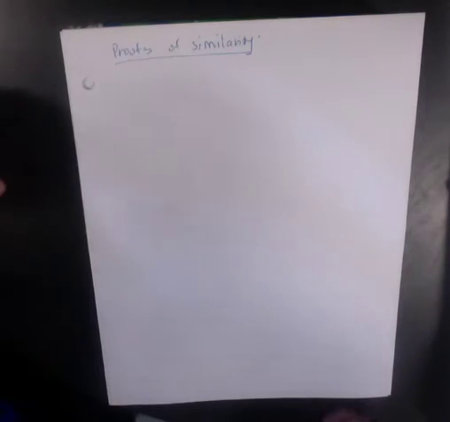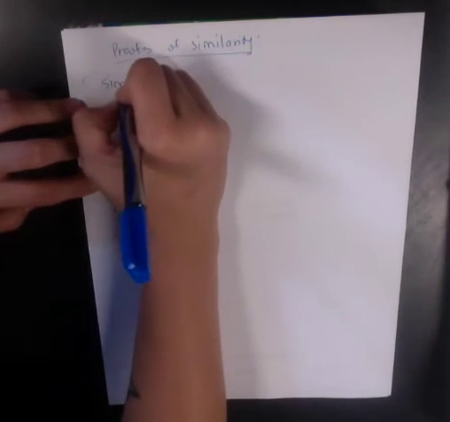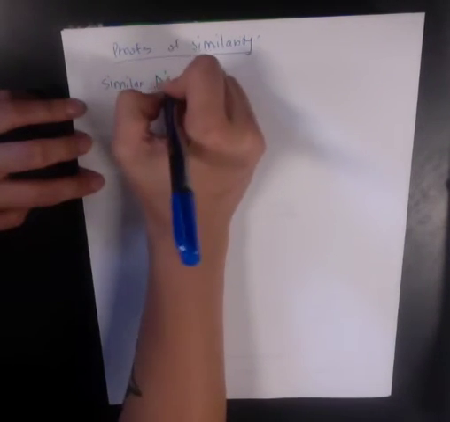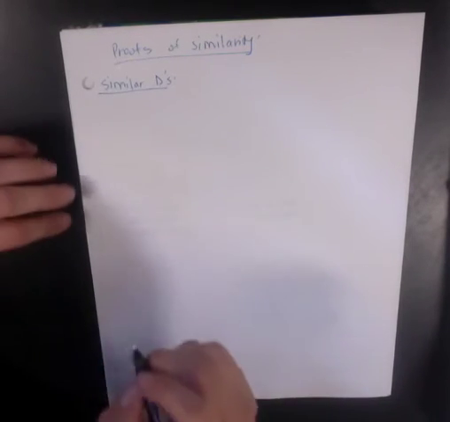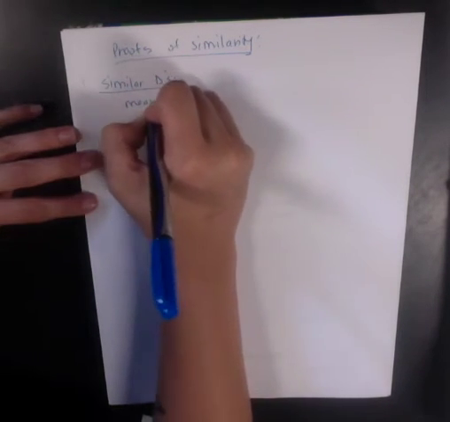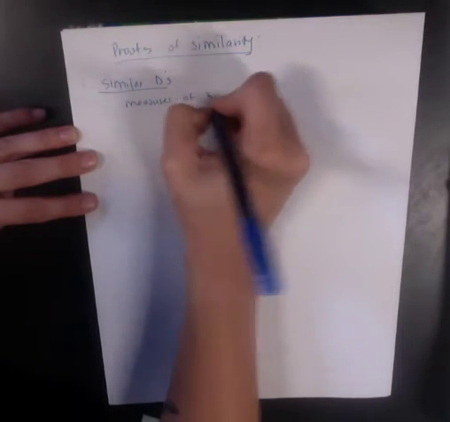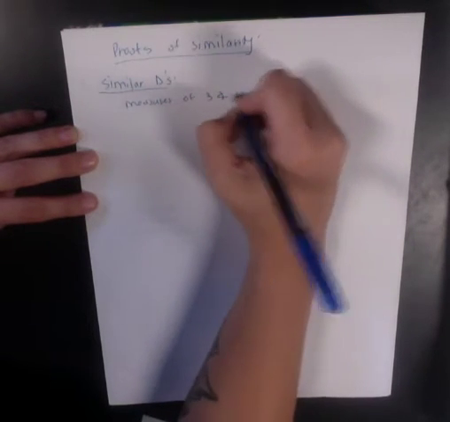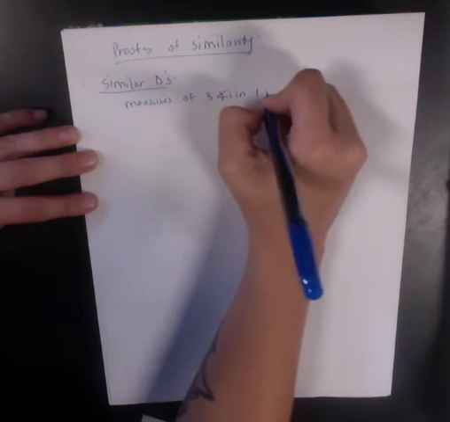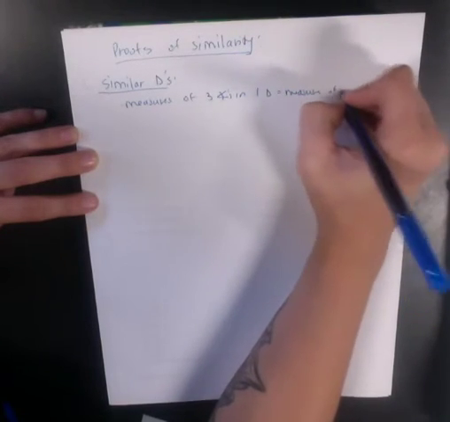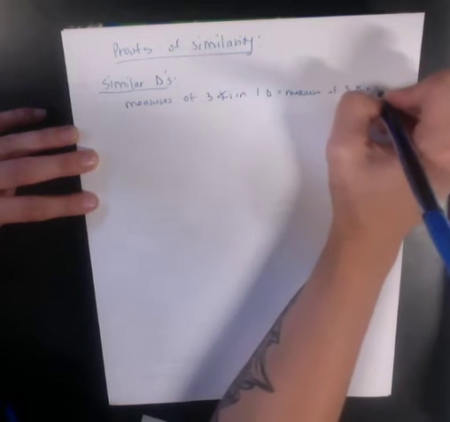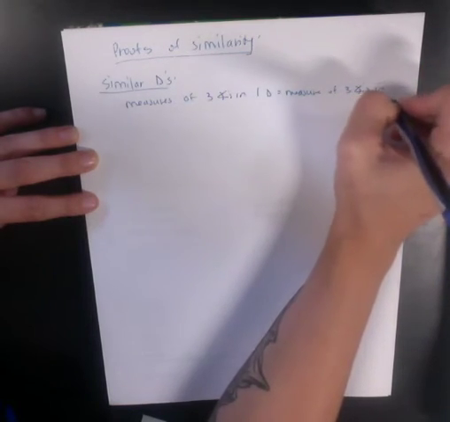Okay. Now, similar triangles. Okay, we know in similar triangles that the measures of three angles in one triangle equals the measure of all three angles in the other.